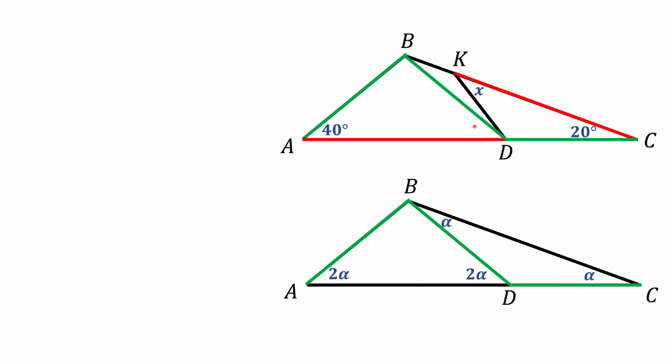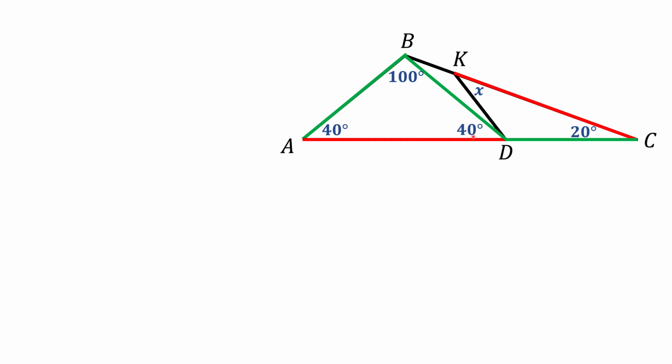And this angle D here in triangle ABD should be 40 degrees. And therefore, this angle B right here in triangle ABD should be 180 minus this 40 and minus this 40. And therefore it's 100 degrees. So we're done with geometry. Now we're going into trigonometry.